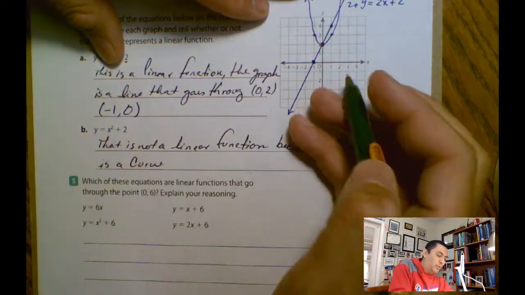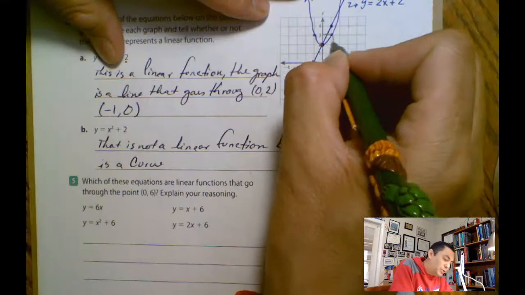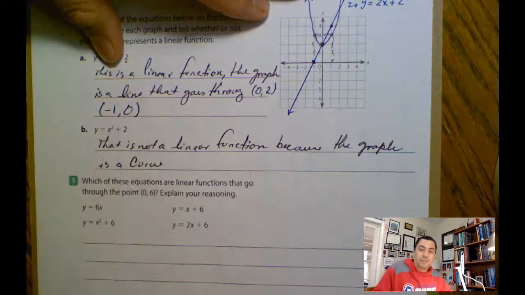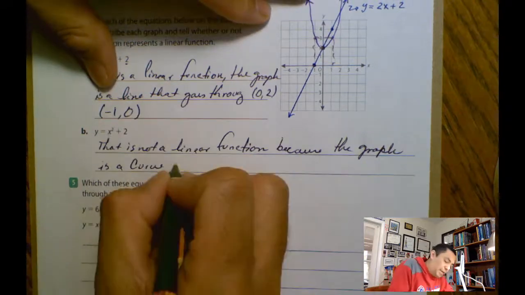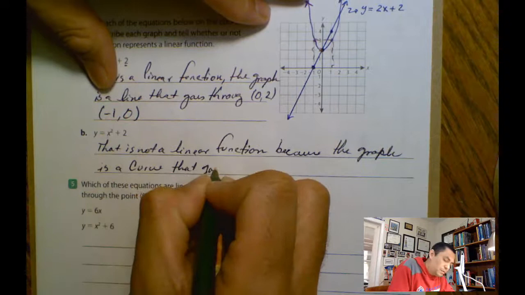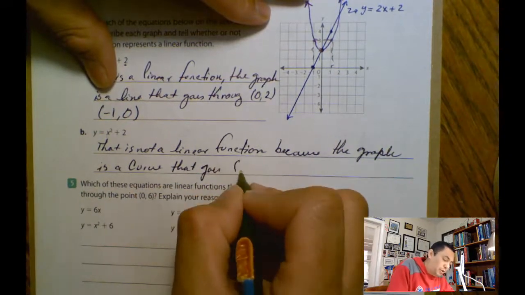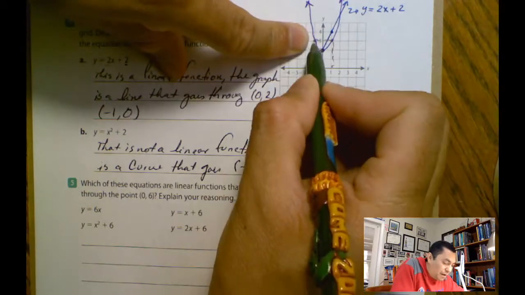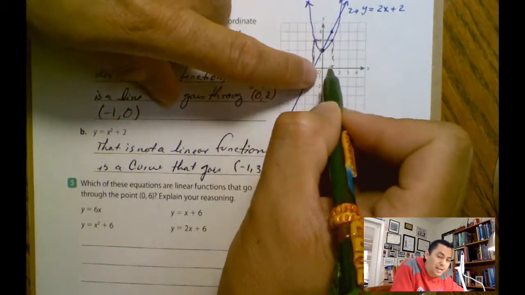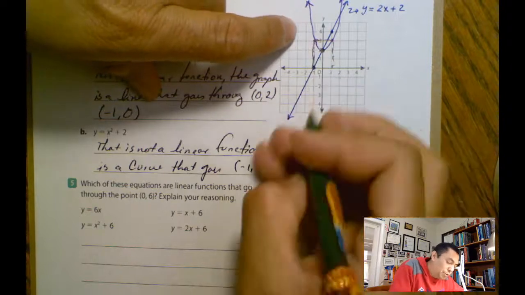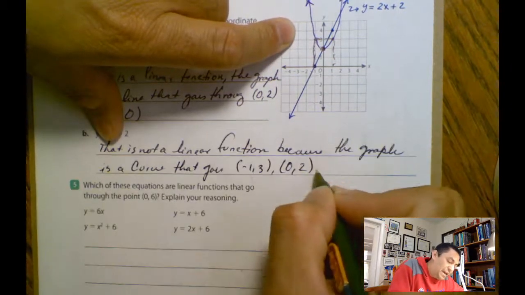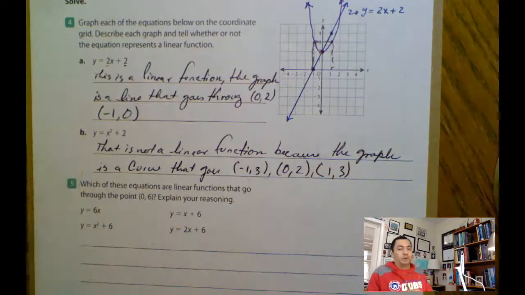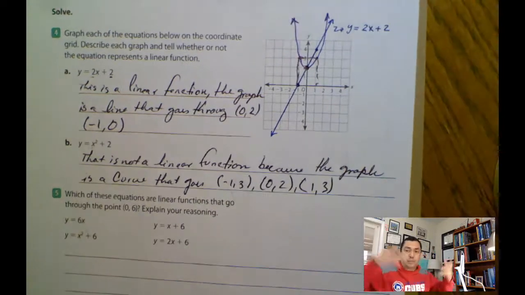And as you can see, the points that the graph is going through are negative 1 and 3, then it goes through the point 0 and 2, and the other point it goes through is 1 and 3. So it's not a linear function. It's a curve, as you can see.